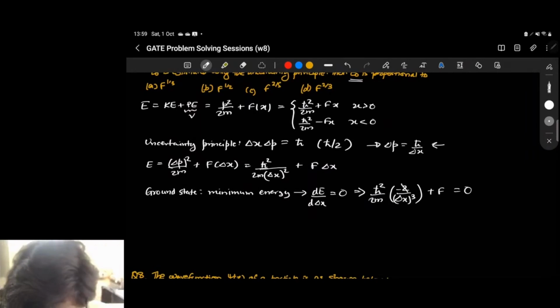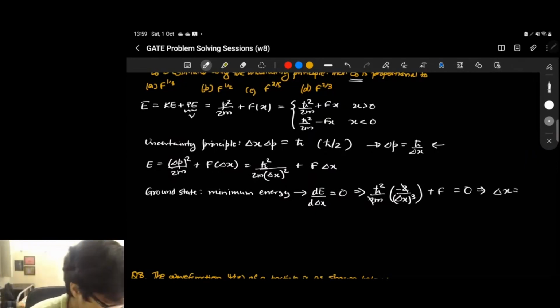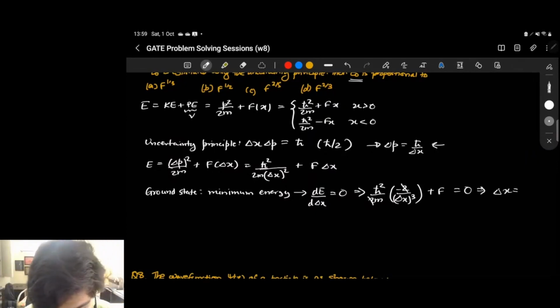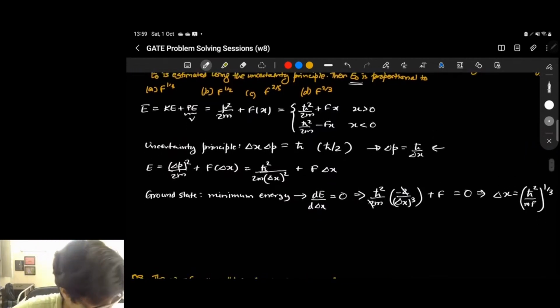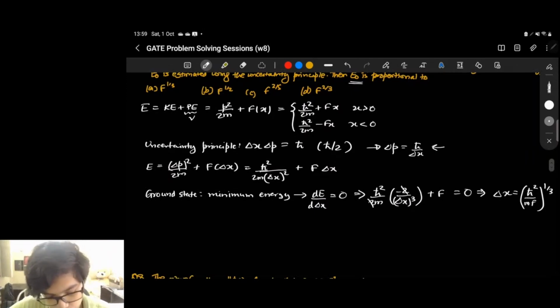So 2 cancels out. So this gives me that delta x is equal to h cross squared over mf to the power 1 by 3. So this is what I get for delta x for minimizing my energy. And now we can put it back in the expression for energy to get the minimum energy.